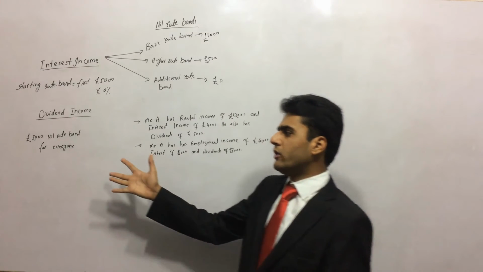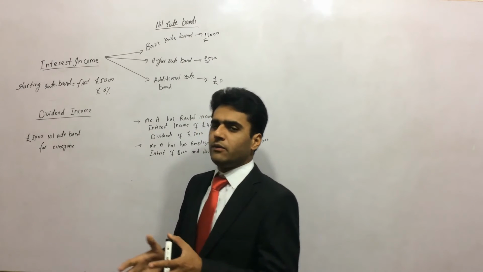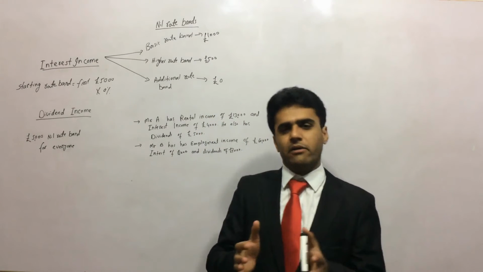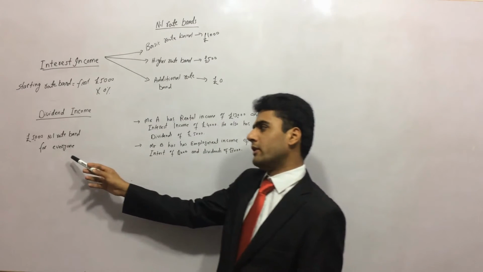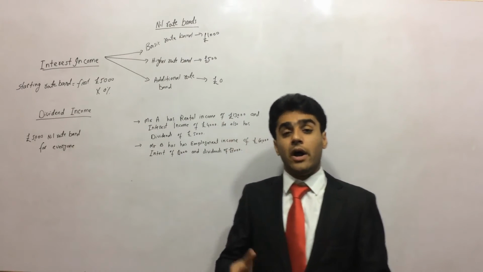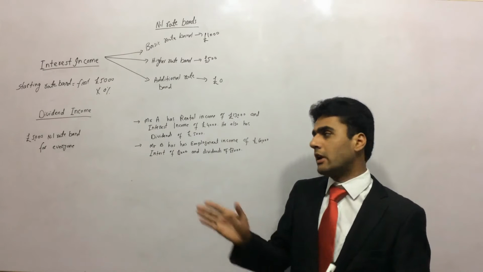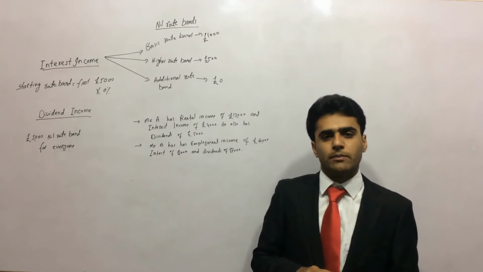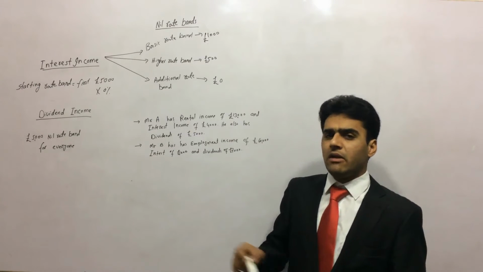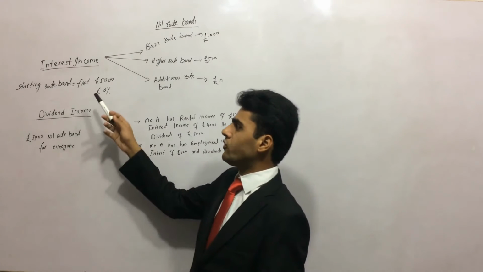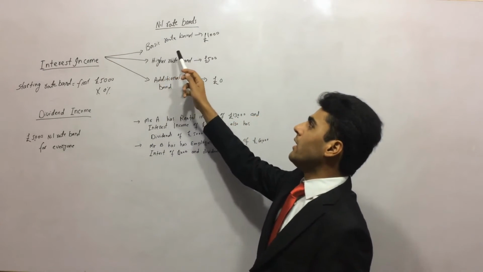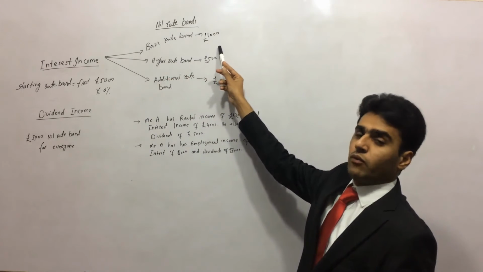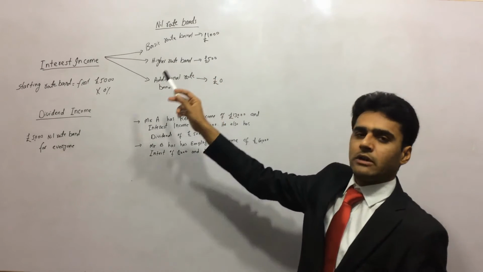Now, is this £5,000 nil rate band for a basic rate taxpayer, higher rate taxpayer, or additional rate taxpayer? It is for everyone. So even if you are a higher rate taxpayer, you will still get the same amount, £5,000 of nil rate band. Remember, it is different from the interest income nil rate band. In the interest income nil rate band, we used to get a different amount if we were a basic rate taxpayer.